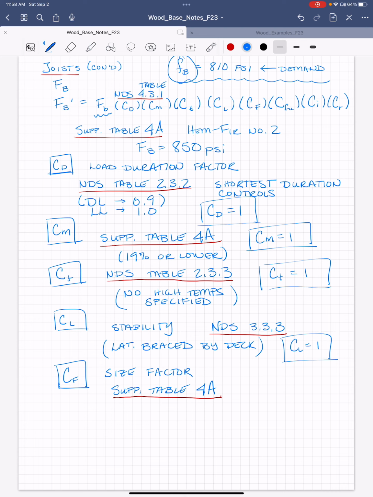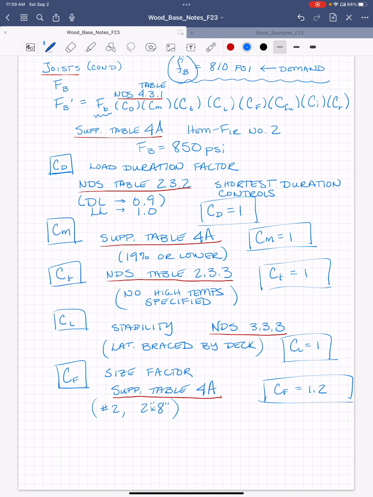And in that table, I have a number 2 grade, and the width of these is 8 inches wide, 2 inches thick. I get a size factor of 1.2. So I finally have one, and it's actually better. So this is making my situation better. So number 2, a 2 by 8 is what I go into that table with.